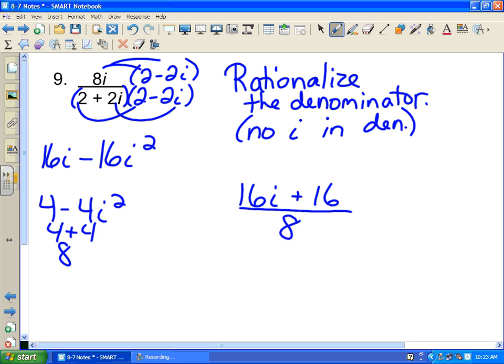Is there an i in the denominator? No, so we were successful in rationalizing. That is the answer, but you can simplify it a little bit more. How about just divide everything by 8? Just simplifying a fraction. Reducing.